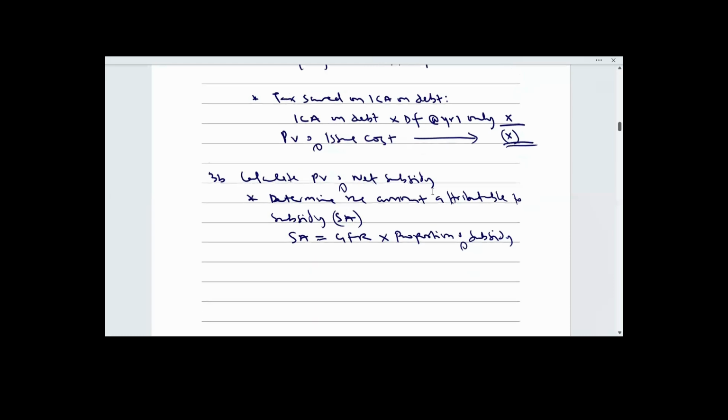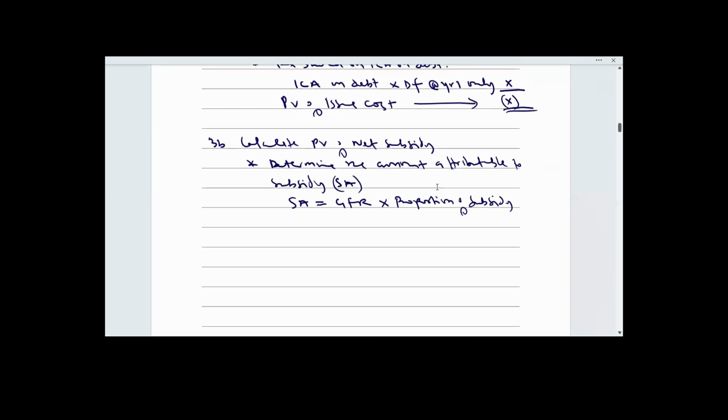Step 2 is to calculate savings on subsidy, SOS in percentage. Remember, anything that is subsidized is usually cheaper than the market price.